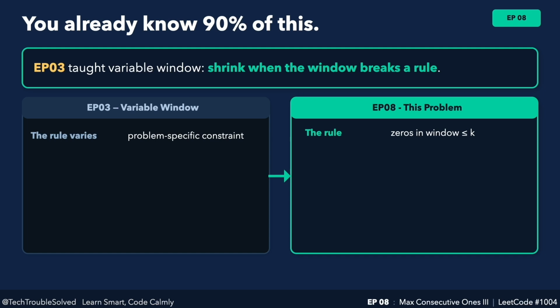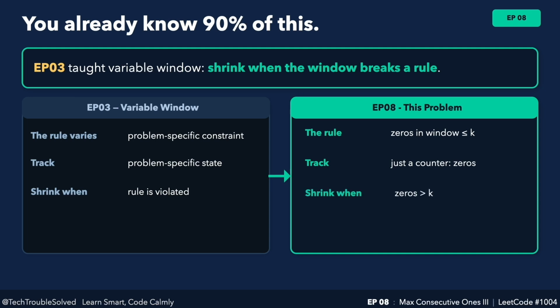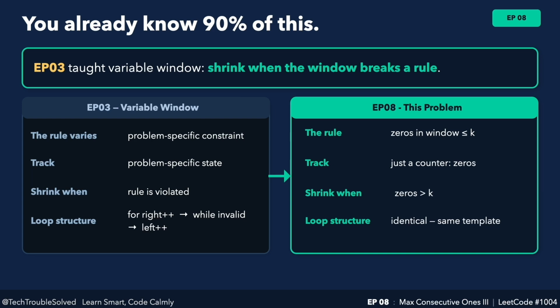What we track. Episode 3 depends on the problem. Episode 8: just one counter. Zeros. Shrink when. Episode 3 shrinks when the rule is violated. Episode 8: when zeros exceeds k. Loop structure identical. Same template. The only thing that changed is what we are tracking. Episode 7 needed a frequency map, 26 characters.